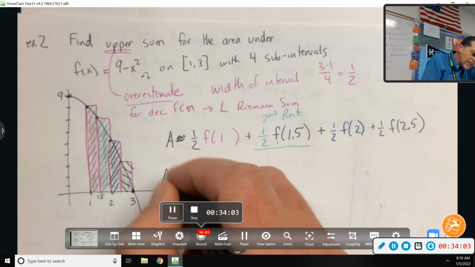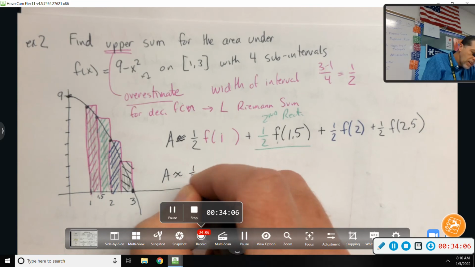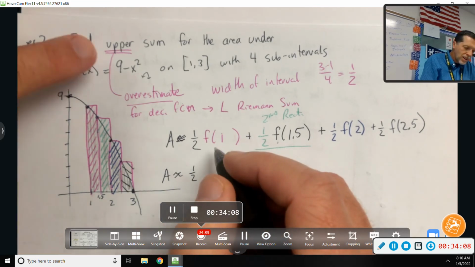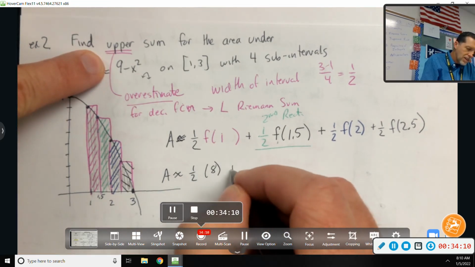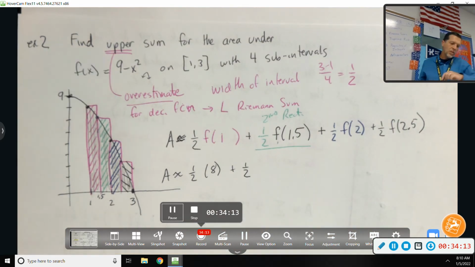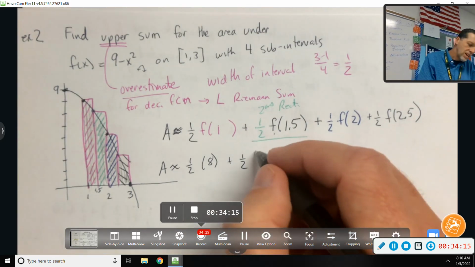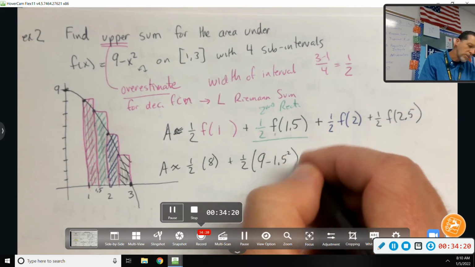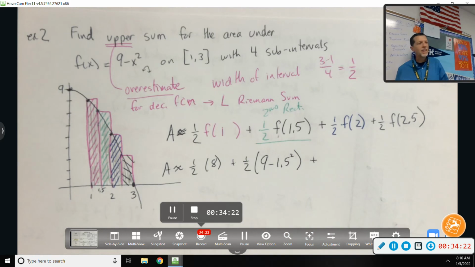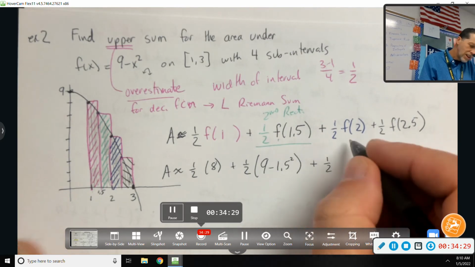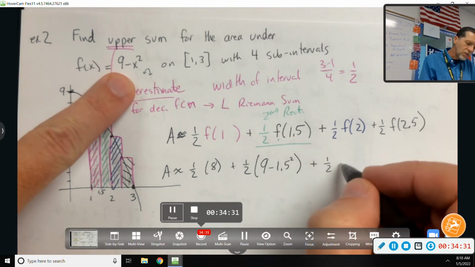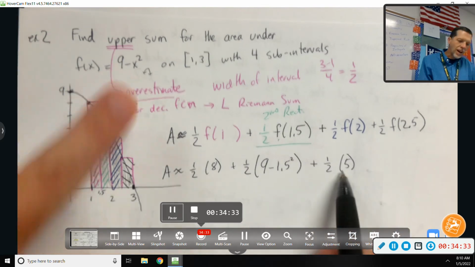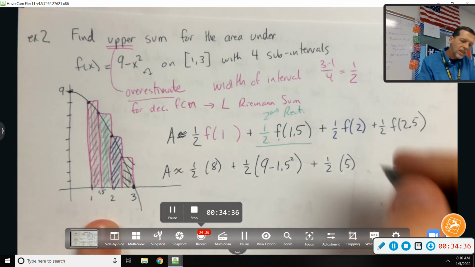Not quite done yet because that's not a safe stop. So f of 1 was 8. F of 1.5, well, in the spirit of safe stopping, that's 9 minus 1.5 squared. Right? Like, don't risk it. Just leave it. F of 2, if we plug in 2, we get 5. In fact, we kind of already did f of 2 when we were plotting this thing.